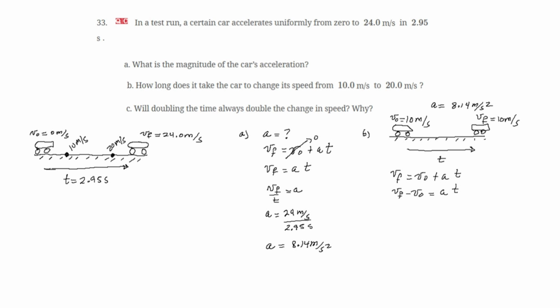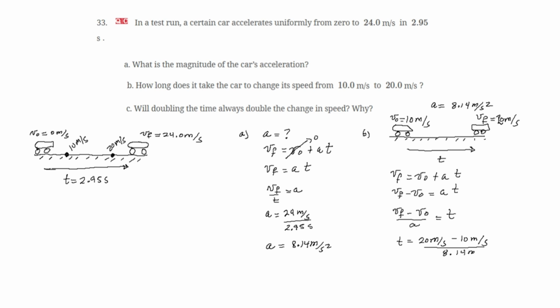I want to find the time, so we divide by acceleration. So the time will be 20 meters per second minus 10 meters per second over the acceleration, 0.14 meters per second squared.